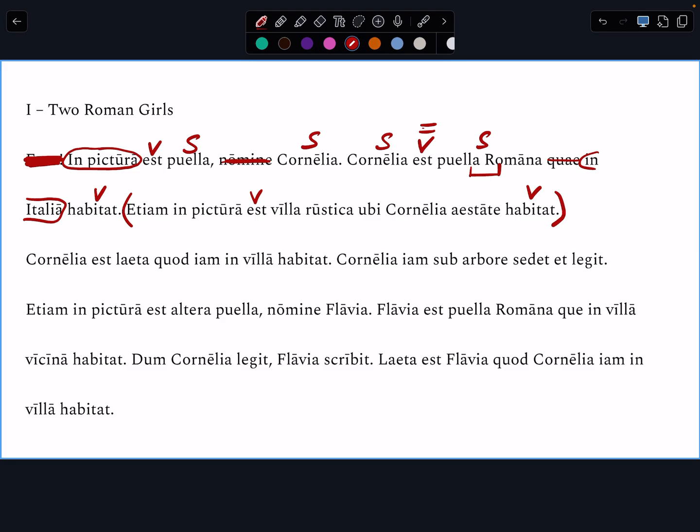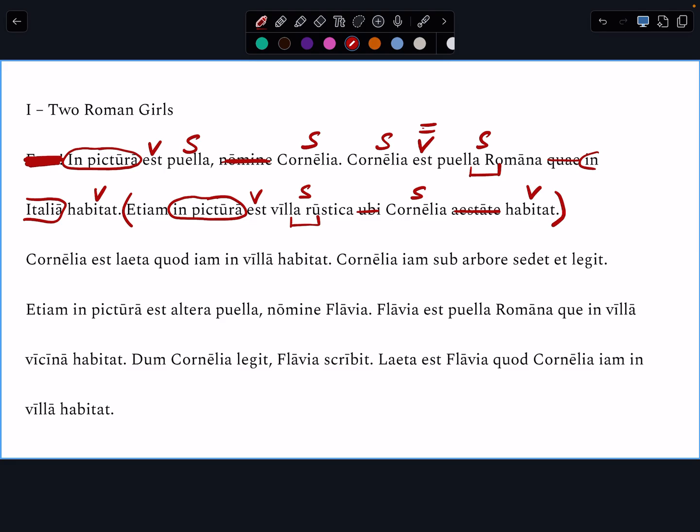All right, Michelle, what else? Very good. What else? Jabari. Okay, villa would be subject, and villa and rustica are actually going together, so that's your subject right there. One more word, Cornelia. What am I going to do with that? She is the subject. Good. We're not going to worry about ubi, and we're not going to worry about aestate right now.